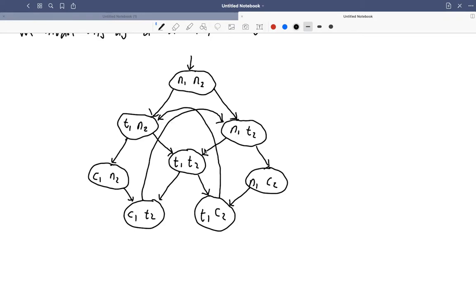We go all the way over there. And similarly here, when process 1 finishes with the resource, then it becomes non-critical, and process 2 is still non-critical, so here we go back to the beginning. And also here we go back to the beginning.